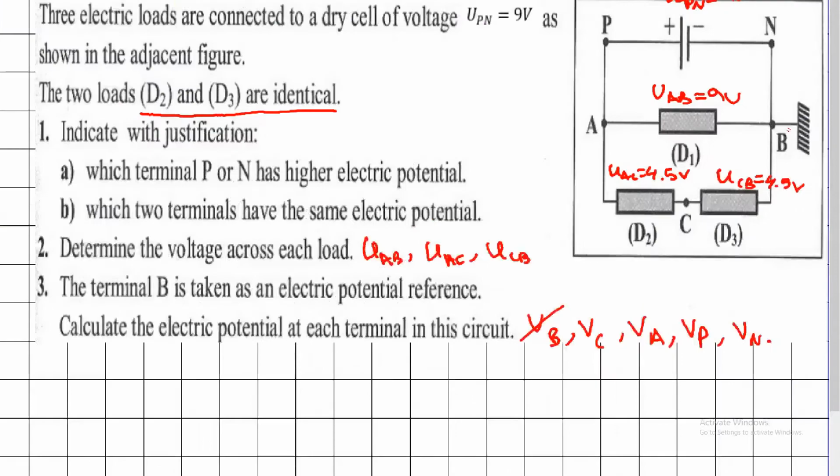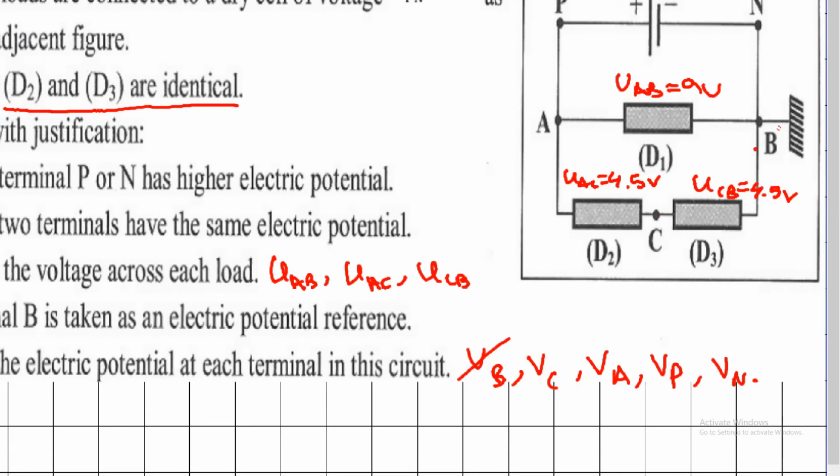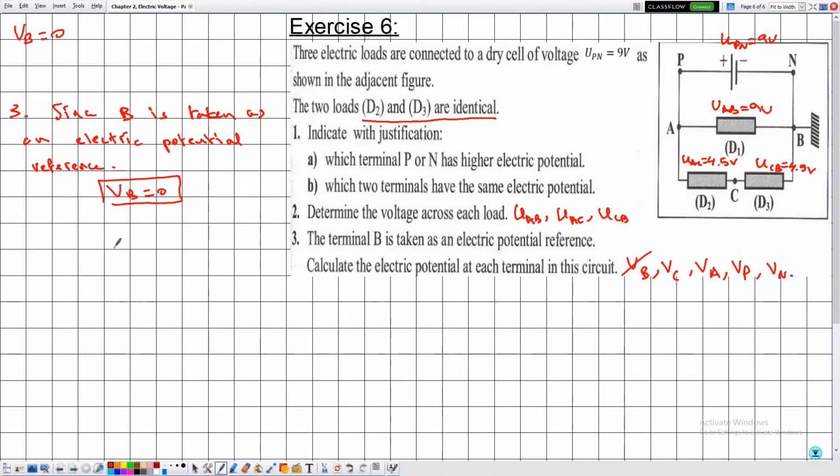Now let's move to the closest point to the point B, which is the point C. So we are interested in determining the electric potential at C, which is given by Vc.